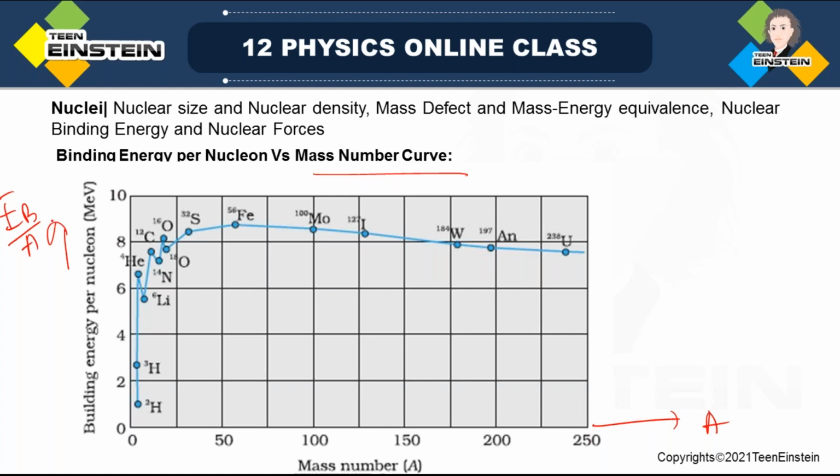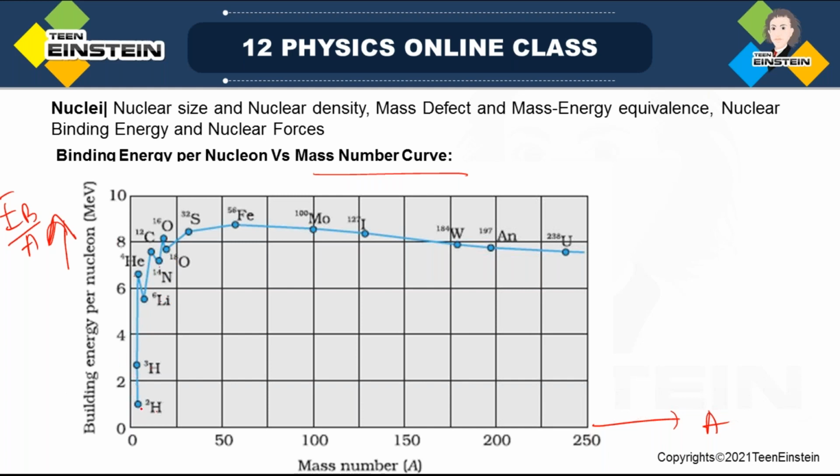On the y-axis it is binding energy per nucleon, and here it is the mass number, or total nucleons. If we plot this value for each element, you look, this is deuterium, tritium, then lithium, nitrogen, helium, carbon, oxygen 16, oxygen 18.